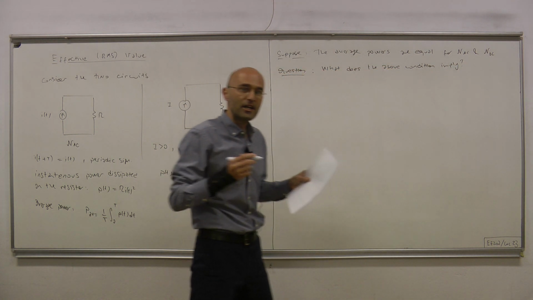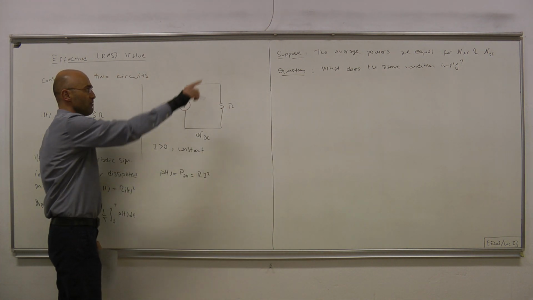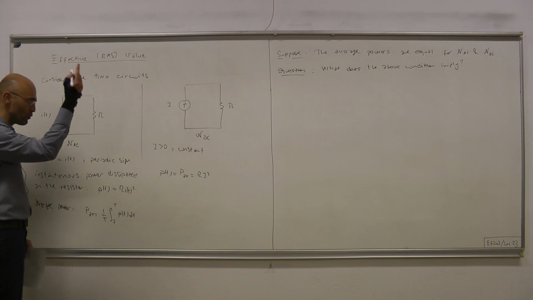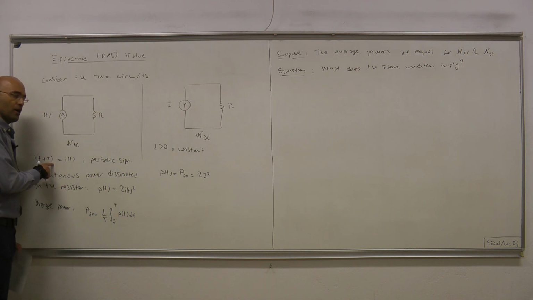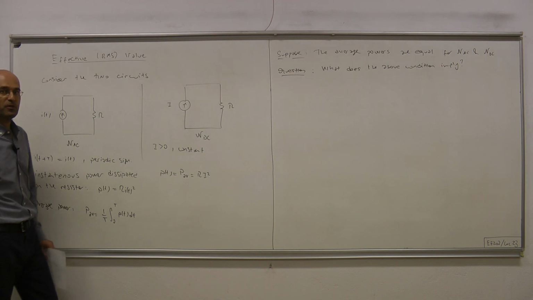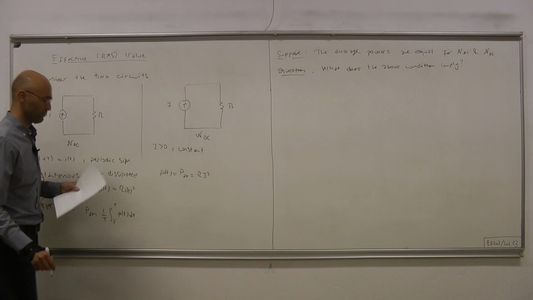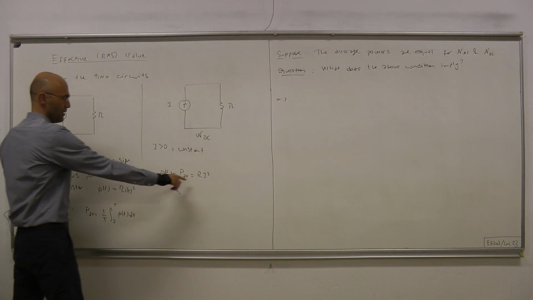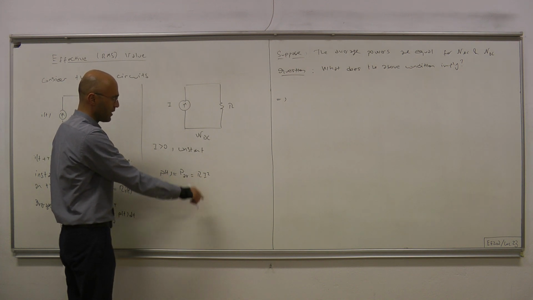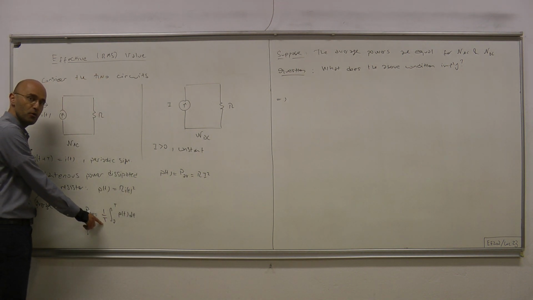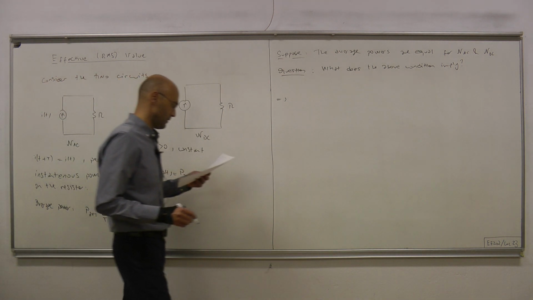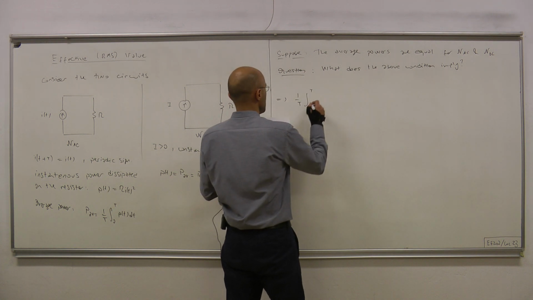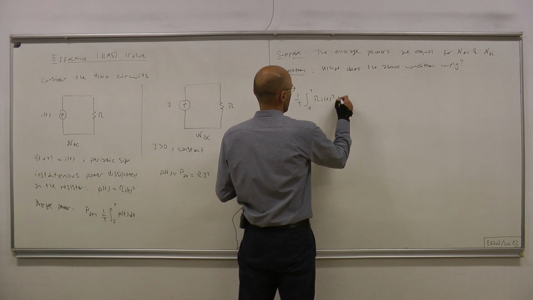In other words, what relation must exist, if that assumption holds, between this constant number I, let's say 12 amps, and this current, which is a periodic time varying signal i(t)? For that, all we have to do is equate the average powers. Here it's constant, R times I squared, and here it's computed through this integration. So we have 1 over T integral from 0 to T of R i(t) squared dt.